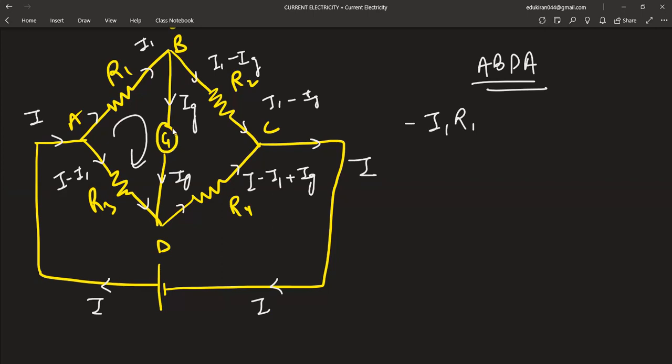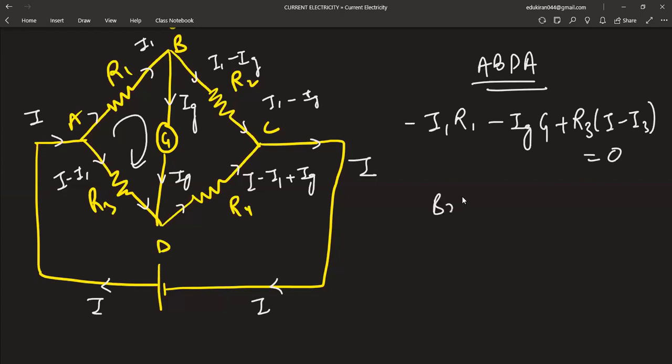Here the resistance of the galvanometer is G. What is a galvanometer? That we'll do in magnetics. It's basically a device to detect current. So resistance is G, current is IG, so minus IG into G. This is opposite to the direction of current, so plus R3 into I minus I1. This is the entire term, equal to 0.